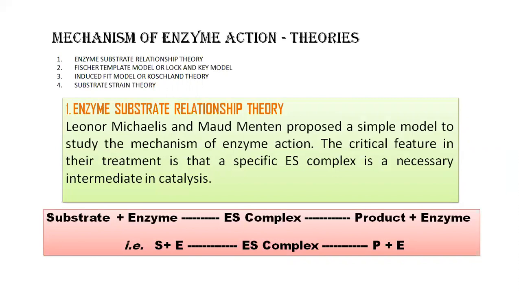This is a simple model which relates to the association of enzyme and substrate. Why are enzyme and substrate associated? We already studied that in the previous slide, and that is nothing but acid base catalysis, positively charged, negatively charged catalysis, which we have already discussed.